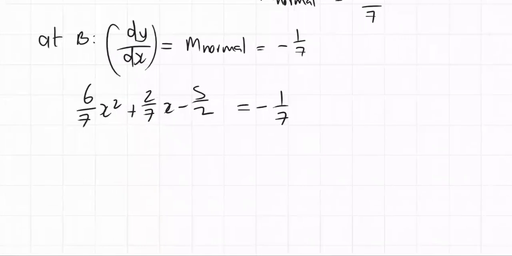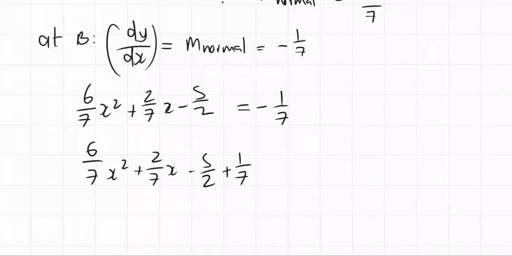I'm going to bring the 1/7 over to the left. So 6/7 x squared plus 2/7 x plus minus 5/2 plus 1/7 equals 0. Add those two. Let's see, we can do an LCD here of 14, 7 times 2.